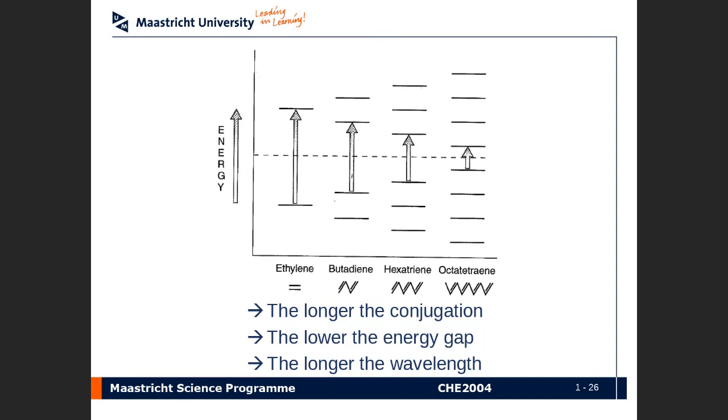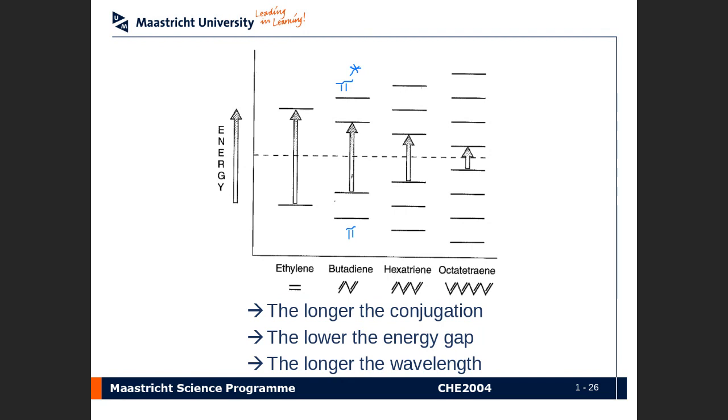And notice also that each time I add on an extra pi bond, I'm adding on an extra pair of pi and pi star orbitals. That kind of makes sense, right? Because each pi bond needs a pi orbital and a corresponding anti-bonding pi star orbital. So that's why for ethylene, I've just got 1 pi and 1 pi star, butadiene 2 pi and pi star orbitals, and so on and so forth.